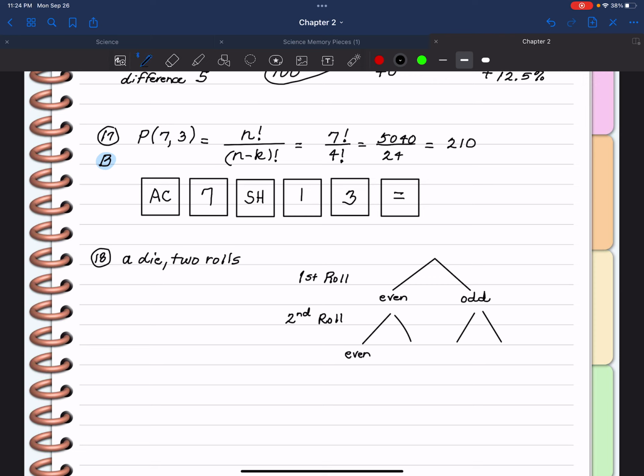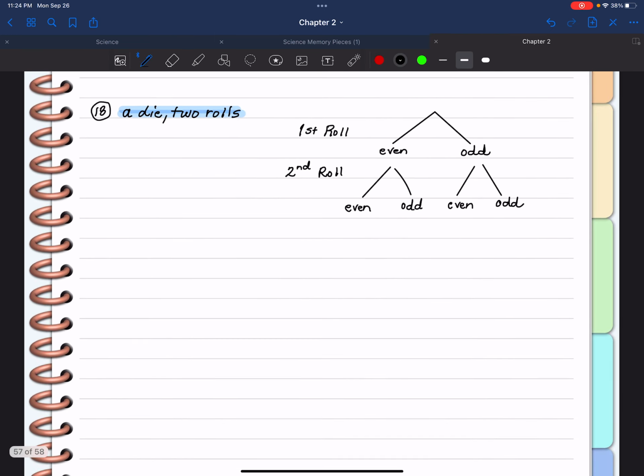So you could have all even. You could have even odd. You could have odd even or odd odd. So it's 1 die, 2 rolls. 2 rolls of the same die. We will check that here in just a second. I have to go to the back of the book to do that.